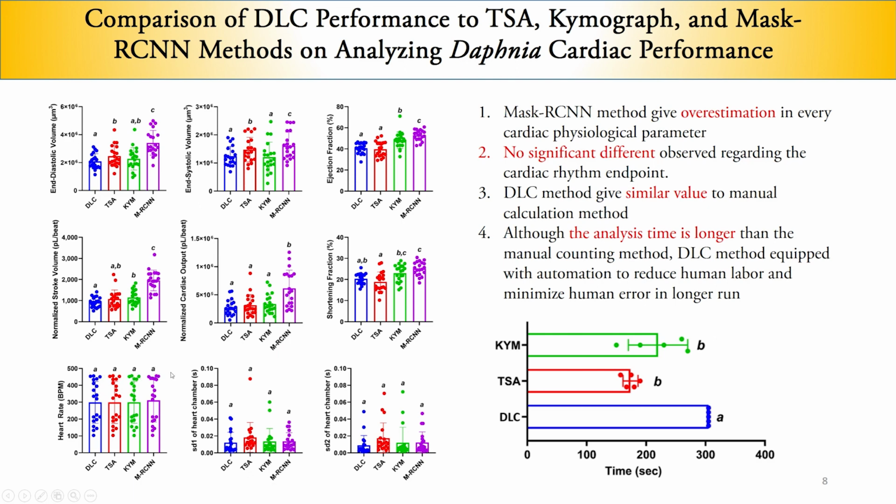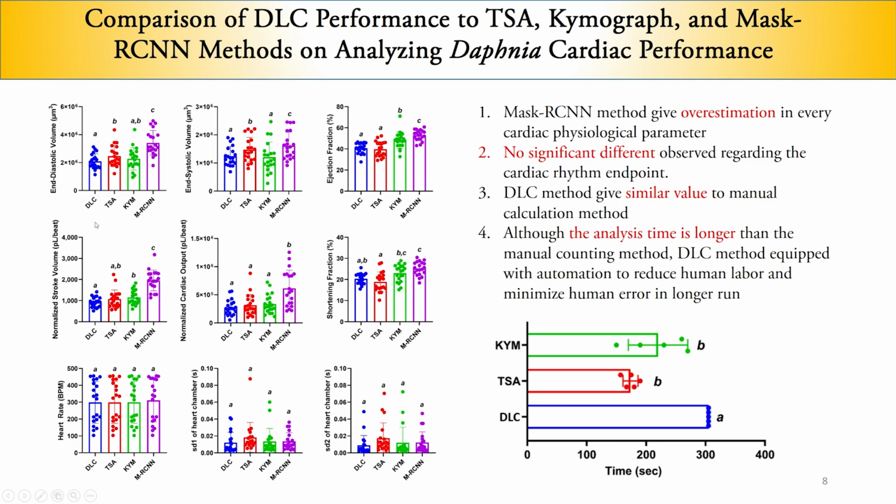So in this case, although the Mask R-CNN gives overestimation in volumetric based calculation, there is no significant difference in the timing based calculation, which is the heart rate, the SD1, SD2, and also the heart rate variability parameter.